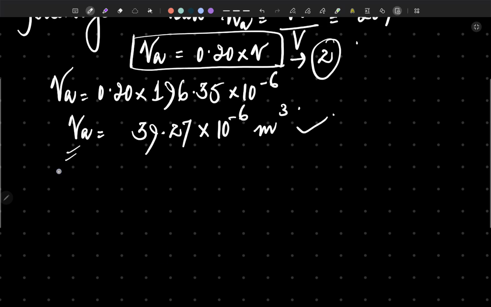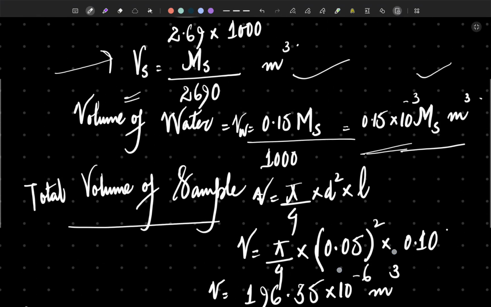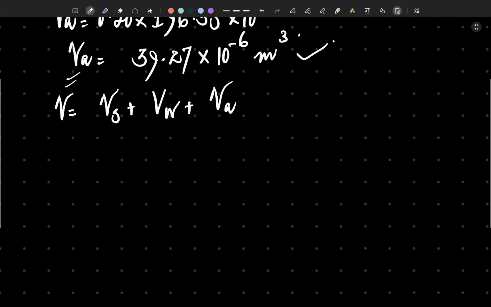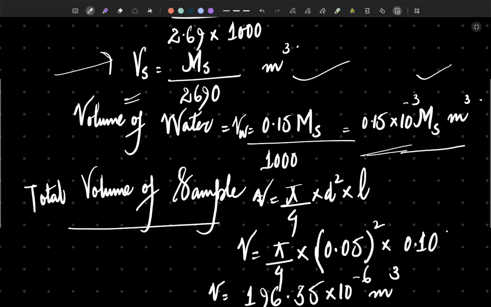So the total volume of the sample is equal to volume of solids plus volume of water plus volume of air, the 3-phase soil system. I'll be substituting the values, and I'll subsequently find the one thing, that is mass of solids.